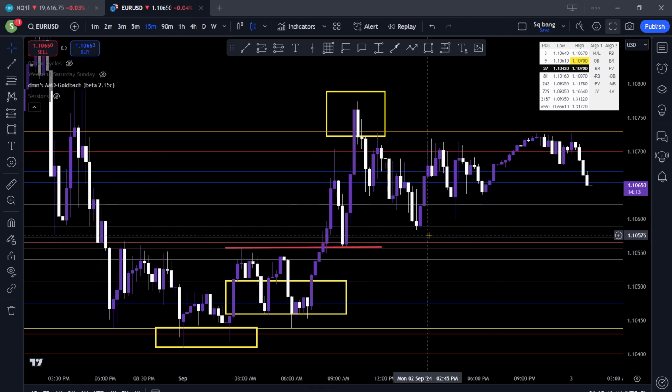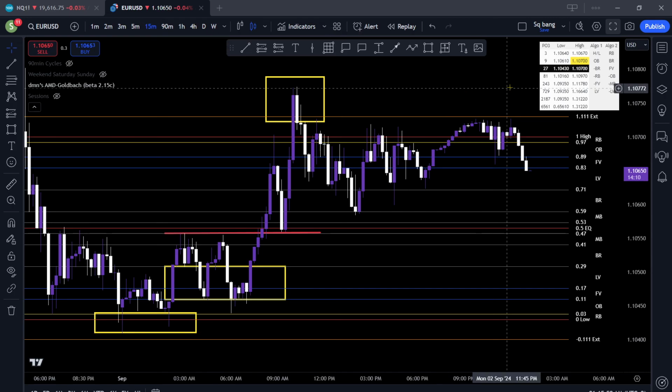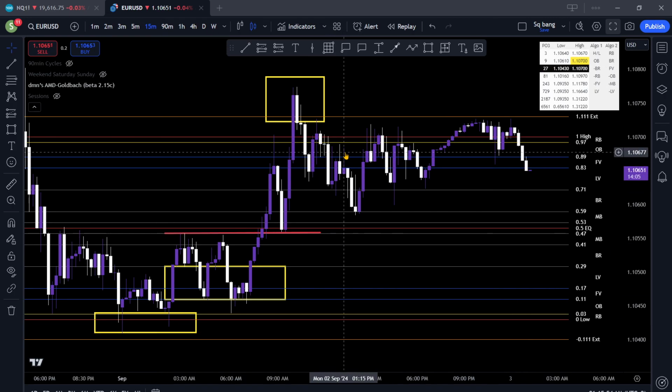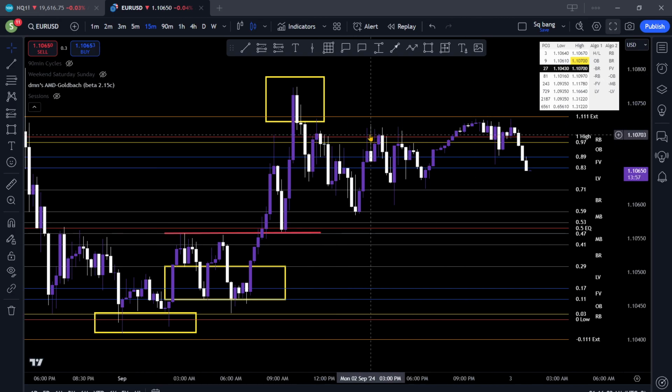Right at the top. And again, we're looking at a smaller one because we're on the 15-minute. So 27 dealing range, great for intraday trading. Same day, next day. You could take an 81 and trade the euro for the entire week. Know exactly where it's going to go.